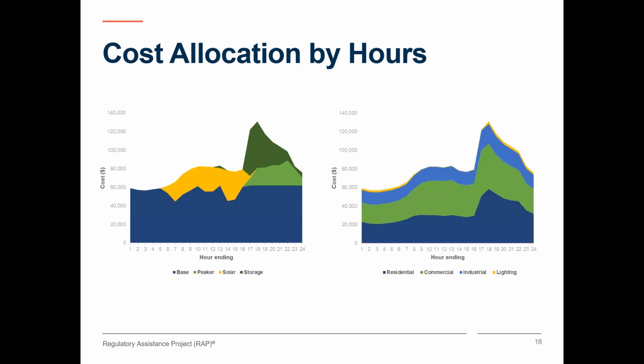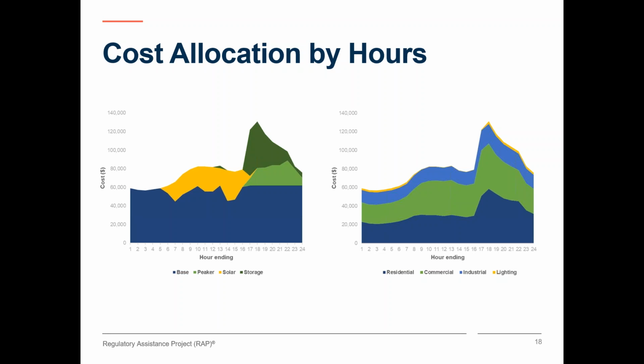On the right, we've taken that same graph and just split it up differently. Instead of splitting it by the resources, we've split it among the classes. Again, with the residential at the bottom and then the commercial and the industrial. Each class would be allocated a share of the cost of resources operated in each hour in proportion to their use in that hour.